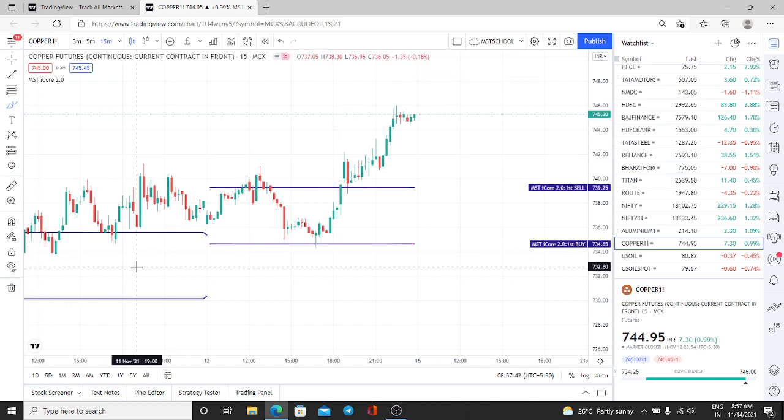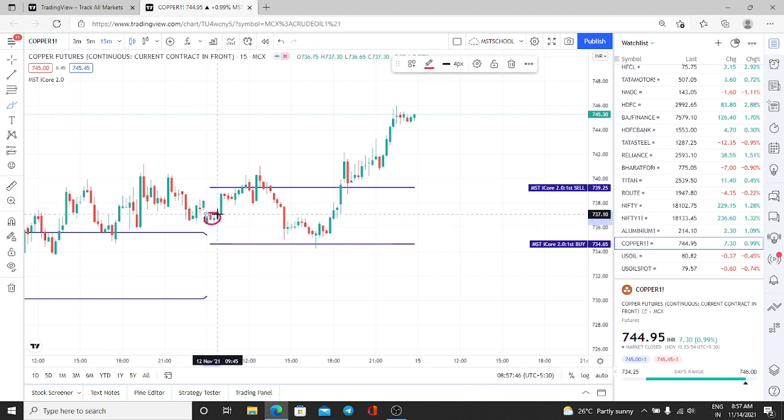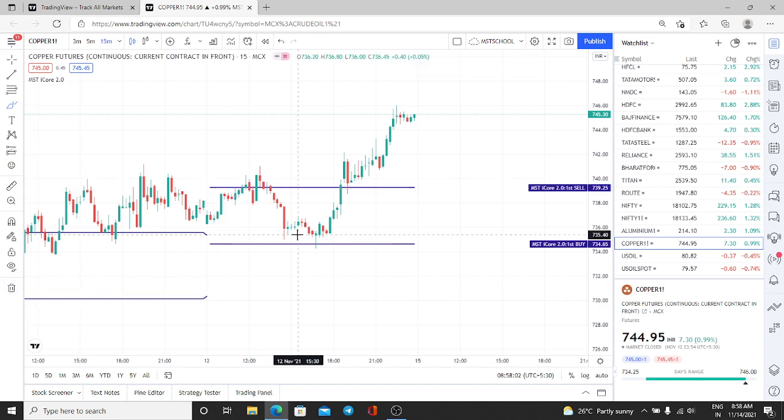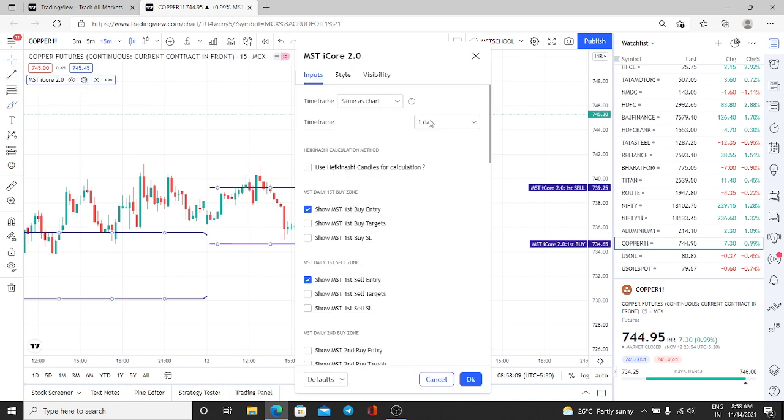So yesterday what happened? The market opened here somewhere and it has to reach either here first or here first, right? And whenever you see a candle like this, a big green candle breaking the sell entry, you can either avoid the sell entry immediately, or go here and change to the weekly time frame.